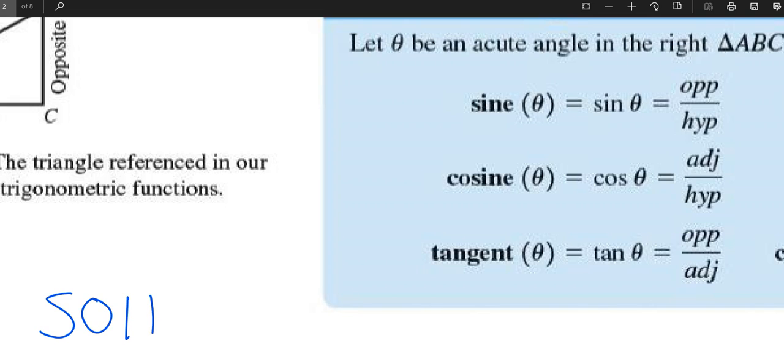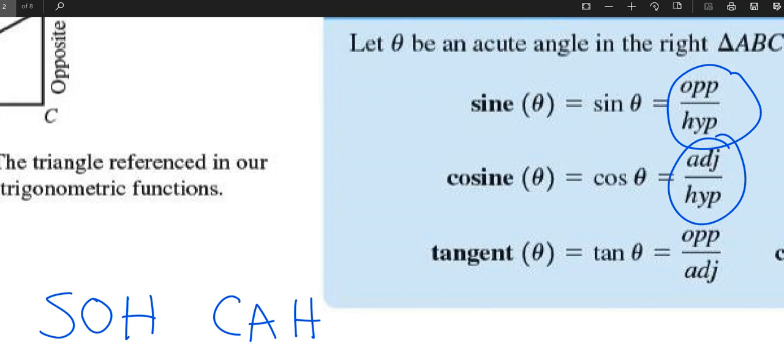So what did this stand for? Sine is opposite over hypotenuse. Yes. And what about the cosine? Cosine is adjacent over hypotenuse. You know, we're doing the standard definitions we've always done. And TOA, opposite over adjacent.